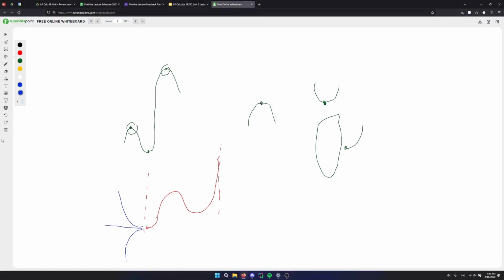Just to give you one quick case where a critical point isn't necessarily a relative max or min, a relative extrema, let's say I have, I believe this is an x squared graph, but correct me if I'm wrong. Regardless, let's take this graph.